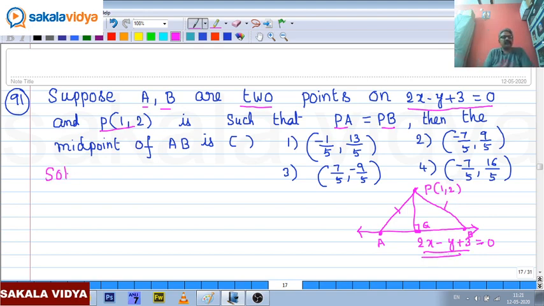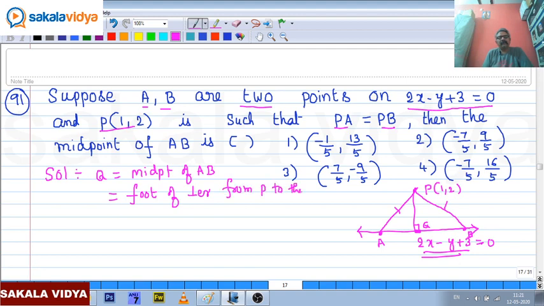So that means Q, the midpoint of AB, is equal to the foot of the perpendicular from P to the line.